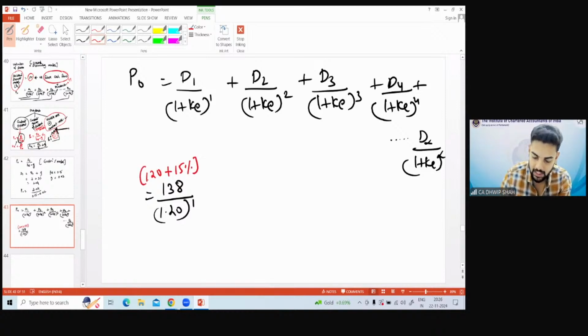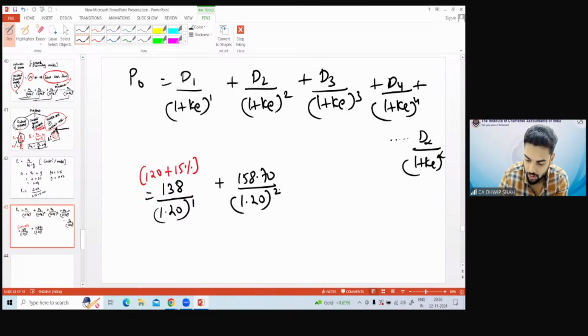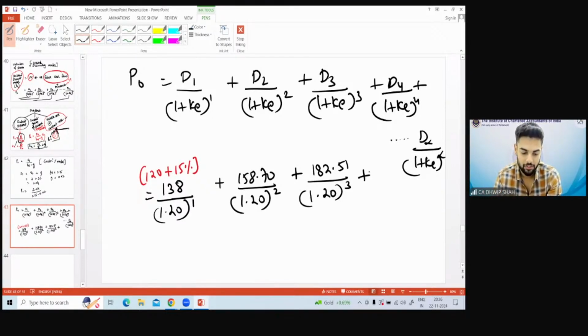It is nothing but 120 plus 15%. Correct? The company initially grows at 15% for 4 years. So in the next year, can I say it would be 138 plus 15%? So D2 would be 158.7, divided by 1.2 raised to 2, plus D3, again 158.7 plus 15%, 182.51, divided by 1.2 raised to 3, plus 15%, 209.88, divided by 1.2 raised to 4.